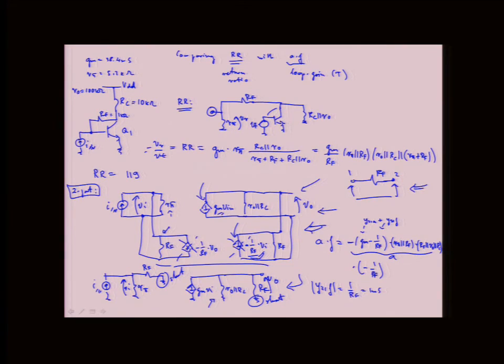And then GM is actually 38 millisiemens. So this is indeed much smaller than Y21A, which is equal to GM, which is equal to 38.4 millisiemens. If it's a 10x difference, it's already much smaller. Nearly 40, definitely small. So with this, you check the unilateral assumption.